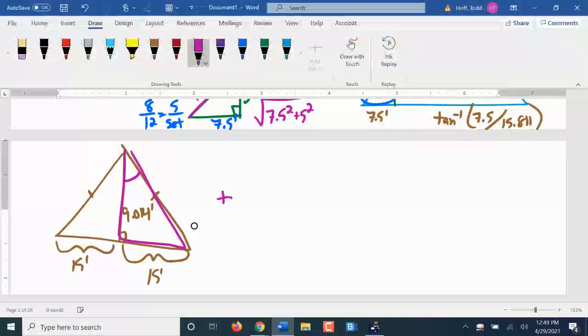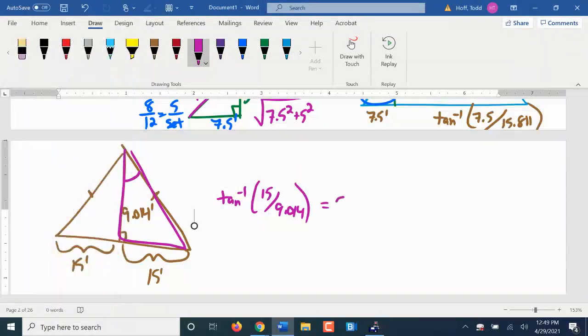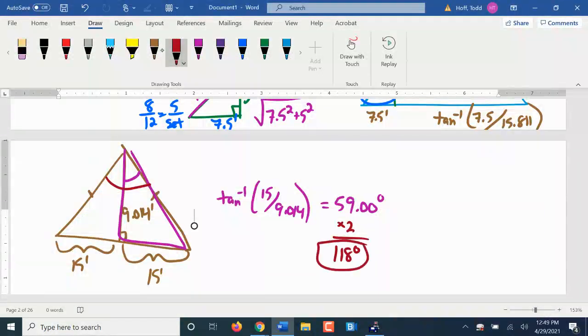That angle is the inverse tangent of 15 over 9.014, giving us 58, well actually 59 degrees. So to get the full angle across there, which is our angle alpha, we double that, to get exactly 180 degrees is our angle alpha.